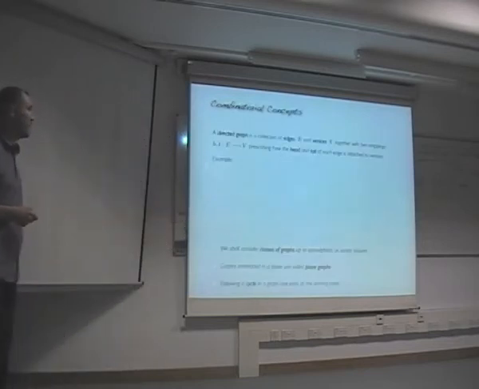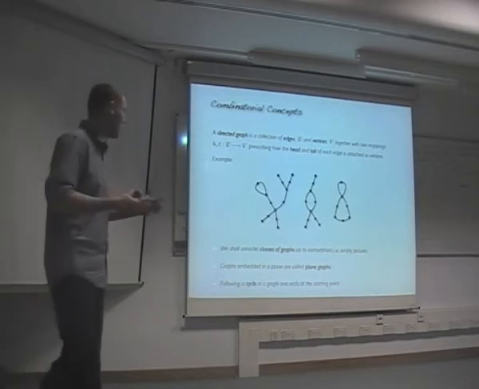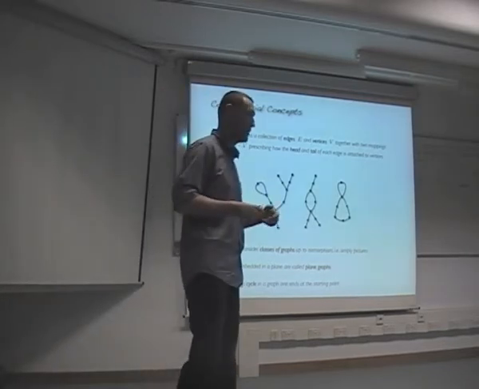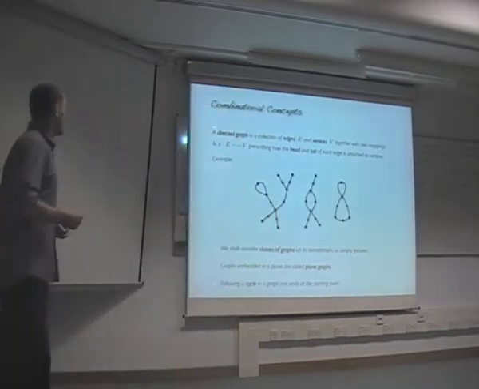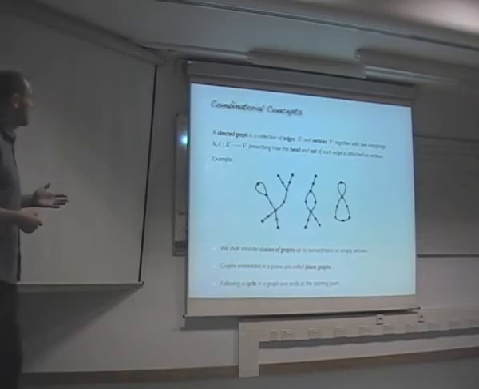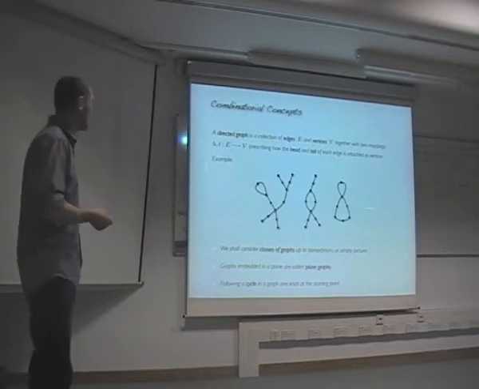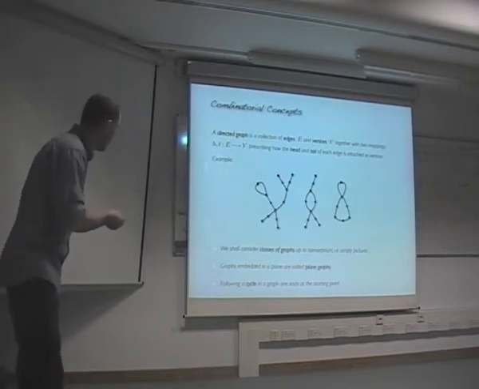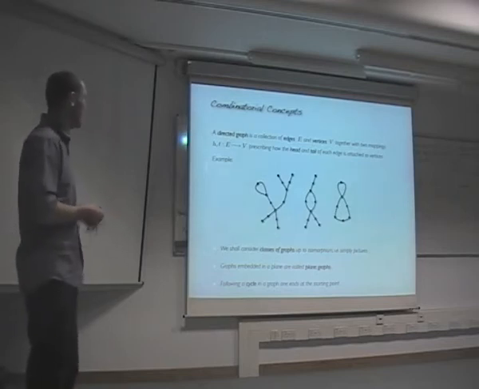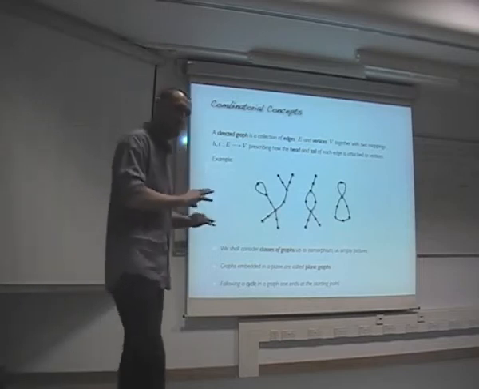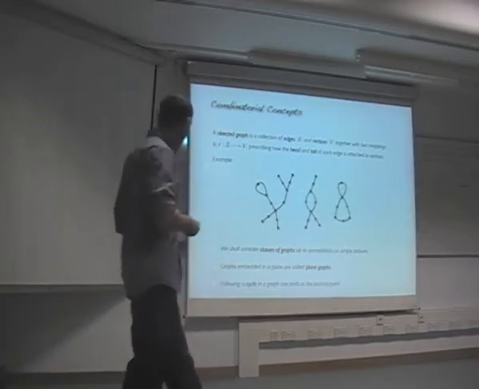So to start off, I'm going to give you a sort of combinatorial vocabulary. A directed graph is a collection of edges and vertices together with two mappings. Basically, this is a sort of drawing. We have some vertices, we have some lines, and lines are directed. This is the directed graph.